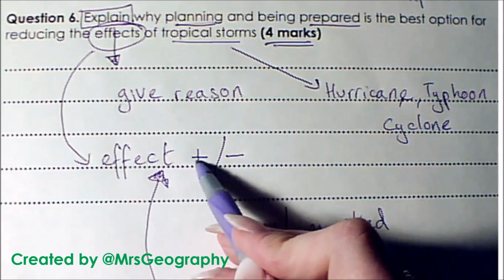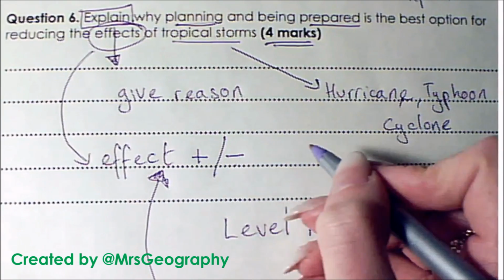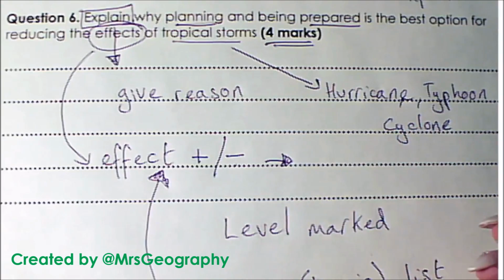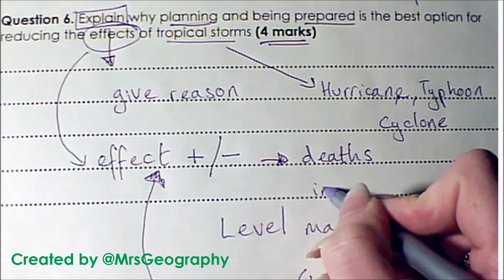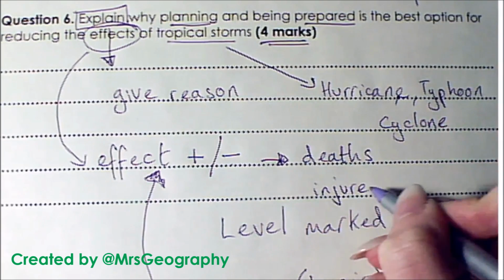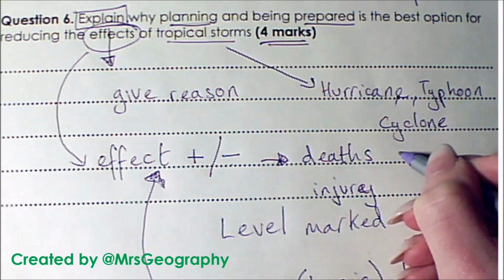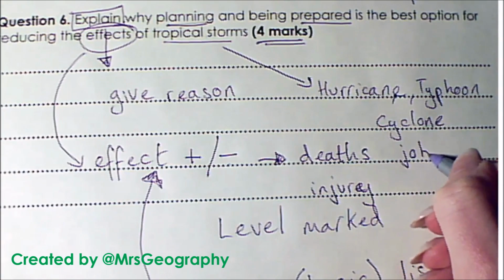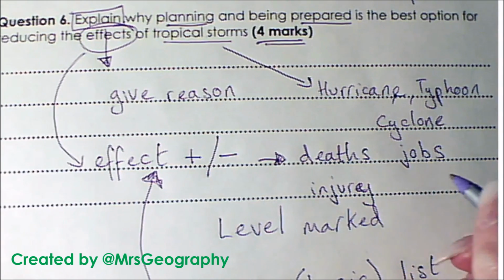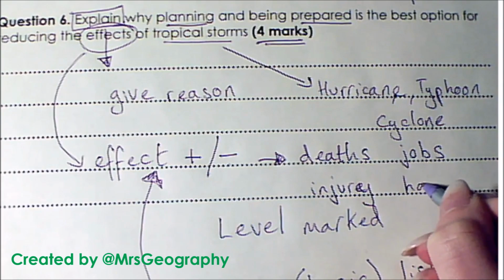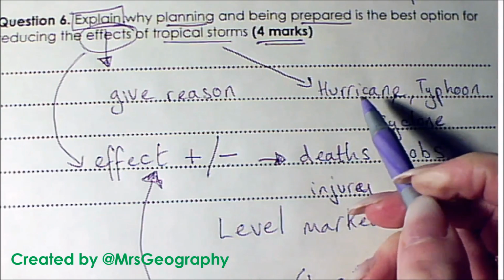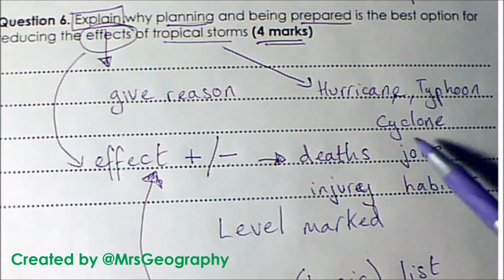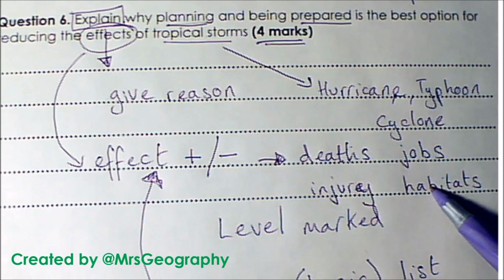Now remember, an effect can be positive or negative. So think about the effects of a tropical storm. Think about deaths, injury. Okay? Think about loss of jobs. Think about habitats being destroyed. So can you think of 2 ways we can prepare to stop these things from happening?